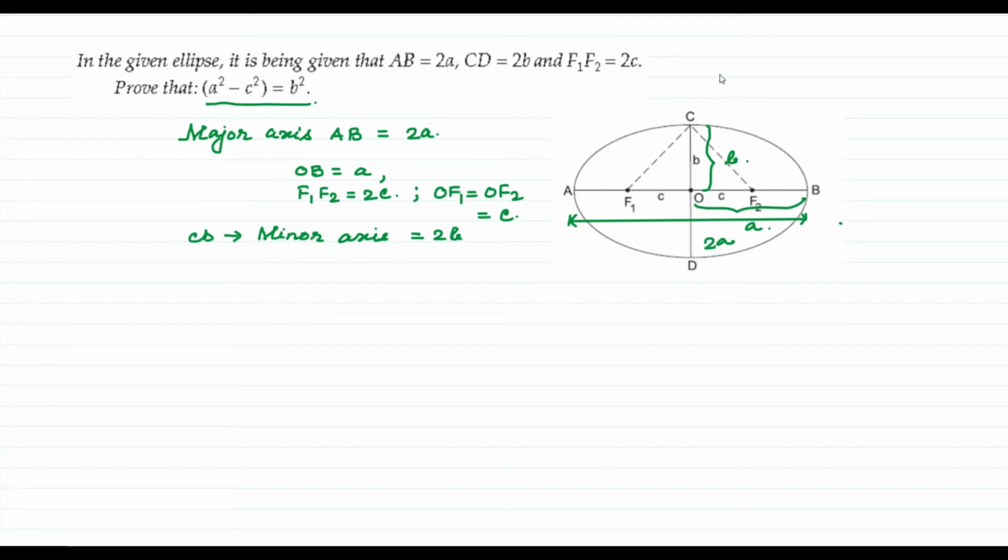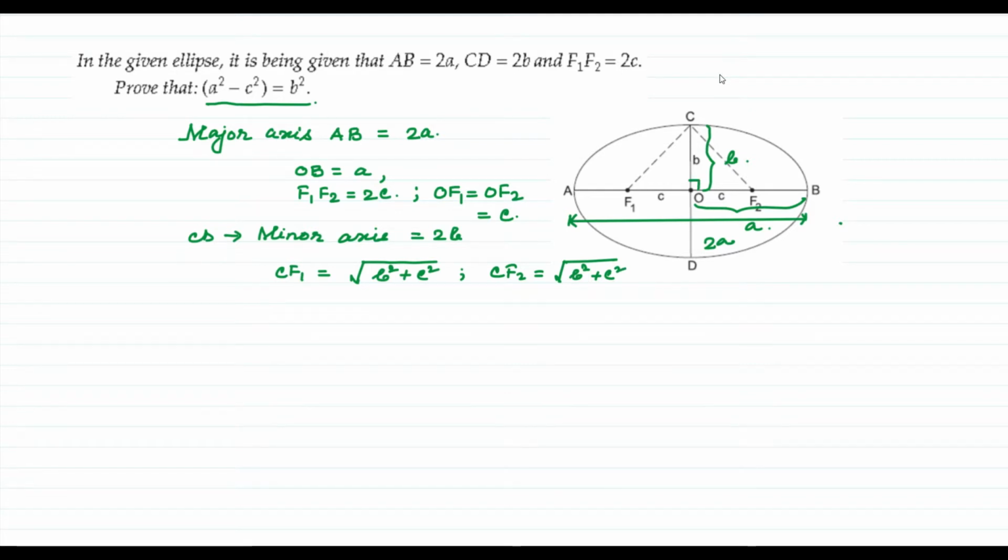Now what is the length of CF1? The length should be root over b square plus c square. Similarly, the length of CF2 is equal to root over b square plus c square.